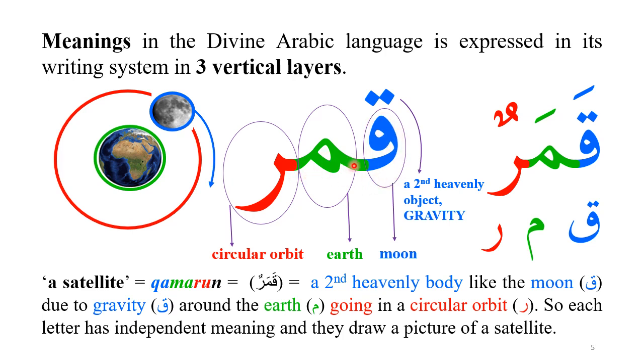Rasam means drawing, so it draws the meaning like a picture. Here you see for the word qamar, the first letter has the object shape, then mim means earth, a heavenly object, and then another heavenly object, the second heavenly object, shown by these 2 dots, and then the ra is the circular orbit.